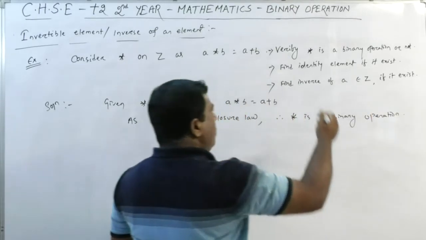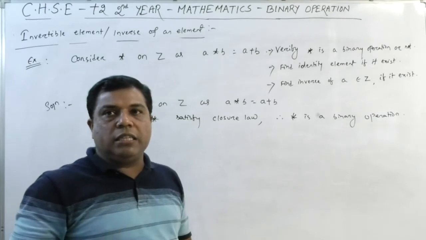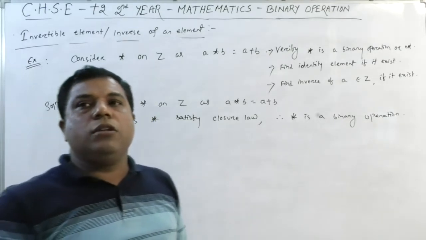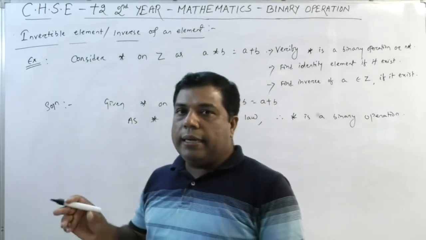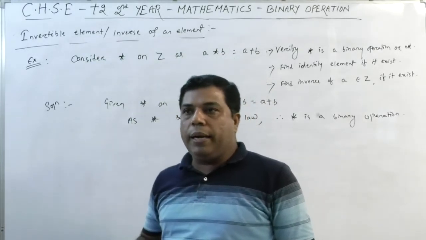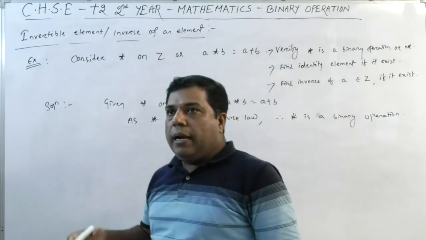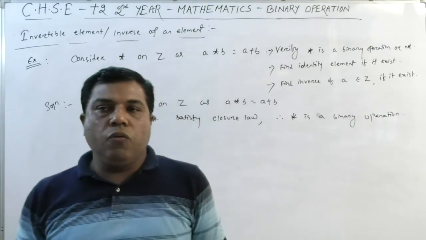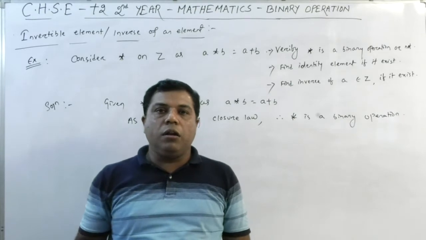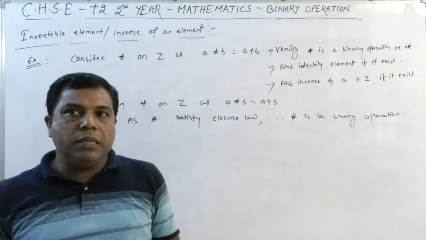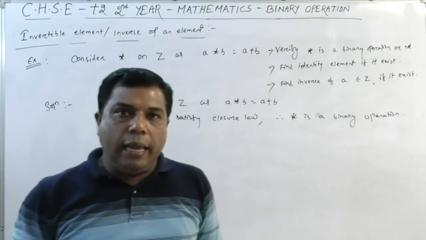So next we will go one by one. Next we will check whether identity is existing or not. Now, what is the concept of identity? Identity means such a unique element existing in a binary operation that operates with each and every element but does not alter them. Means after the final output, the values remain as they are.